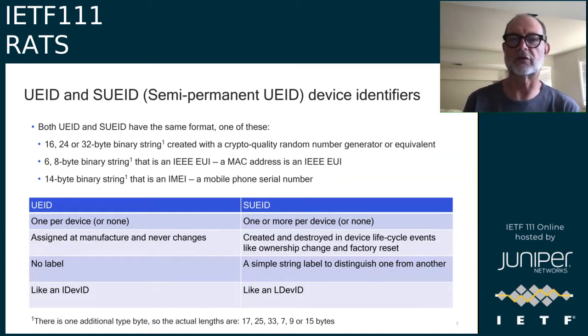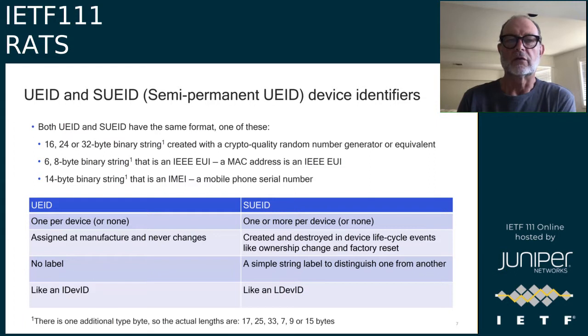So if you have 1 million devices, you have 1 million UEIDs. It's not an identification of the manufacturer or the vendor or the software or anything like that. This is focused strictly on individual bits of hardware.